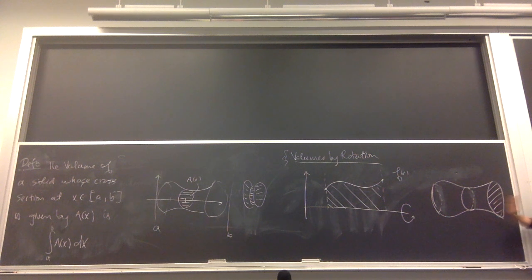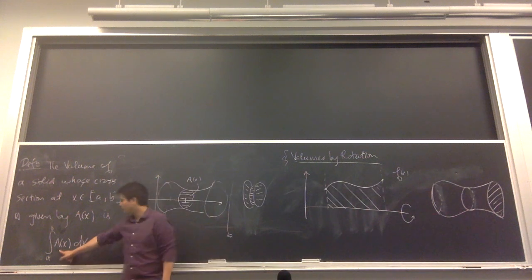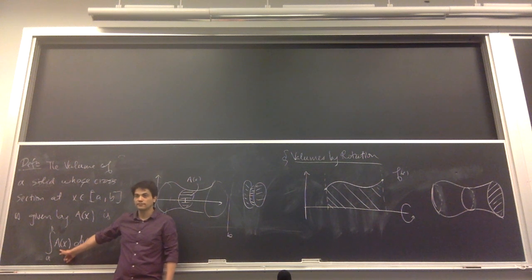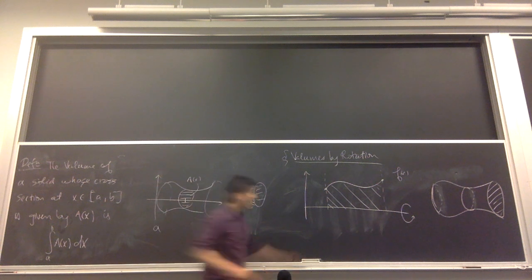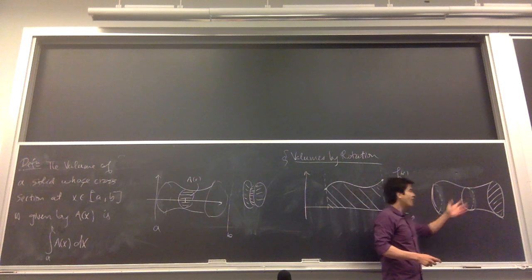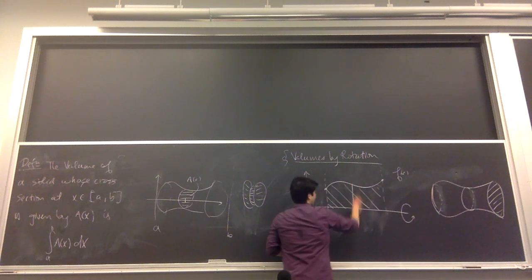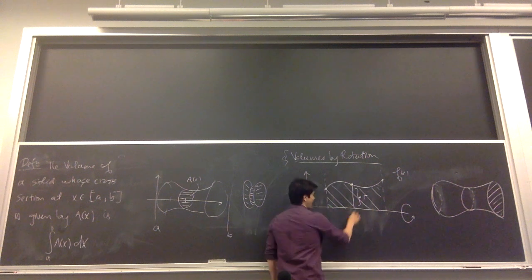Right, so the special thing about these volumes of rotation is that this A(x) here is always going to be given by what? The area of your cross section? The area of your cross section, yeah. Well, in this case, it's the circle. So specifically, the area in this case is going to form a radius at x.